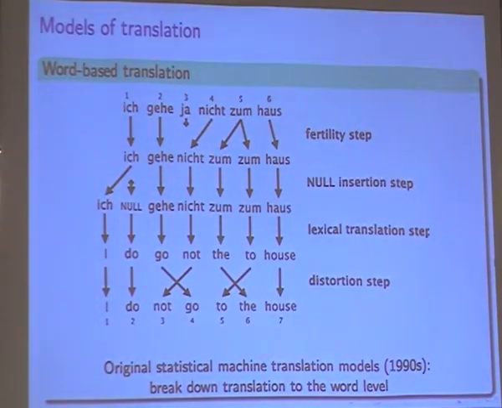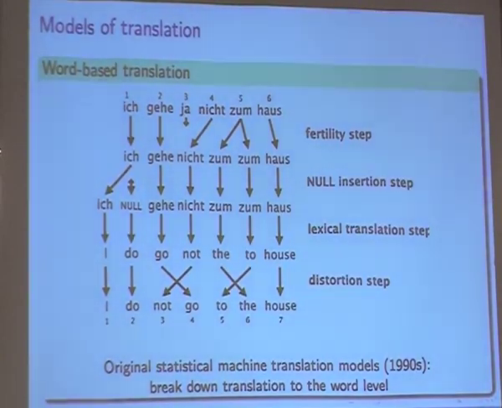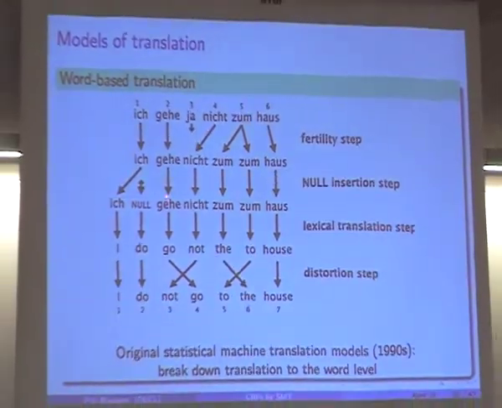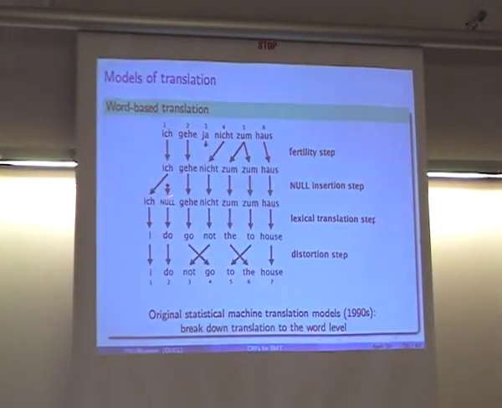So this is a representation of IBM Model 3, the word-based model represented as a series of transduction steps. In the first step, we replicate words in order to support a single word that translates as multiple target words. We can insert words that weren't in the source, and we can remove words that were in the source.